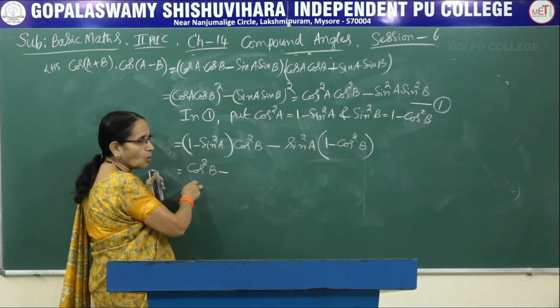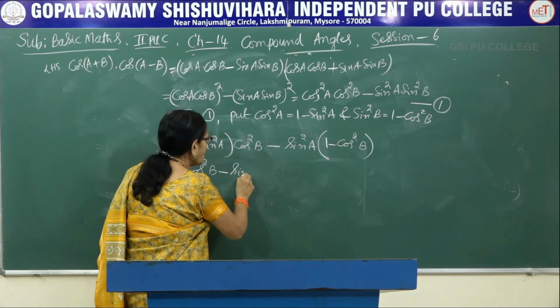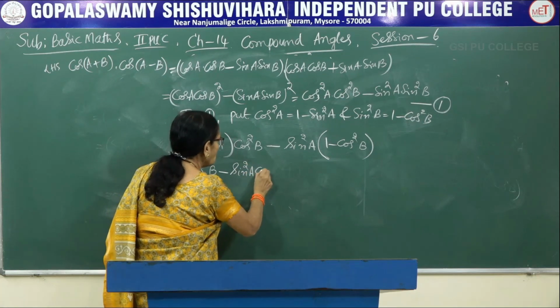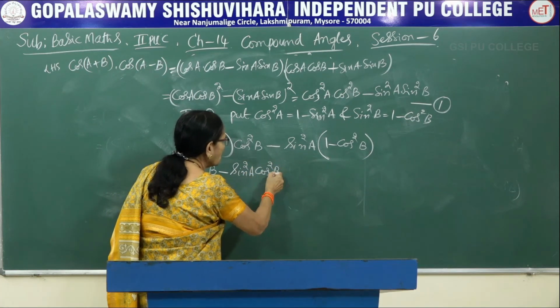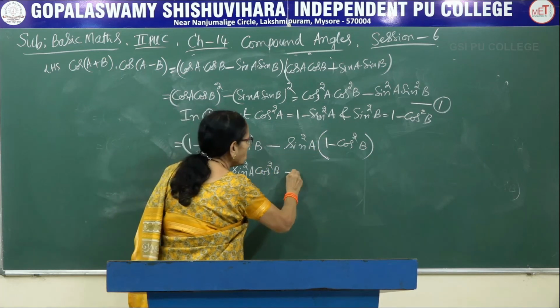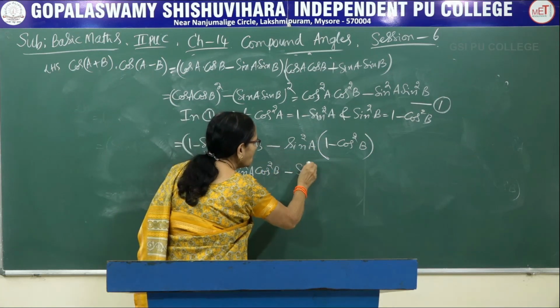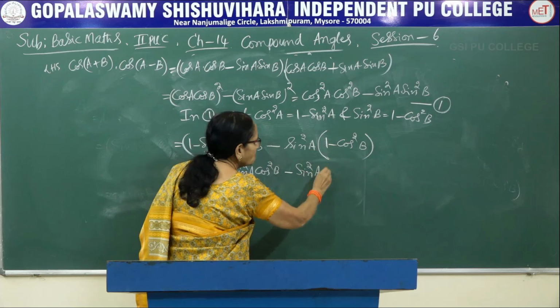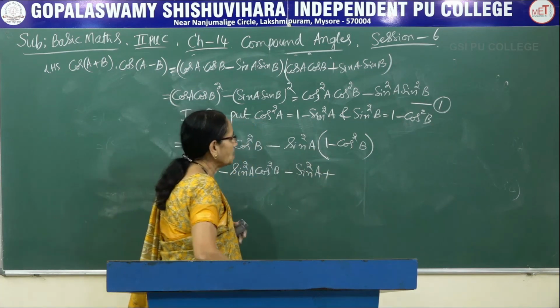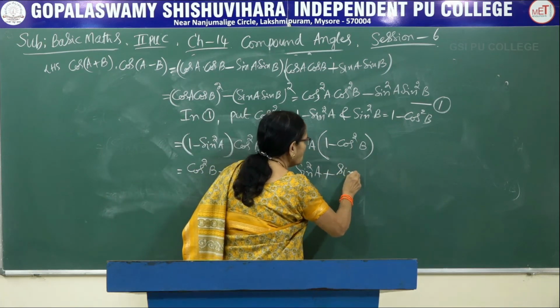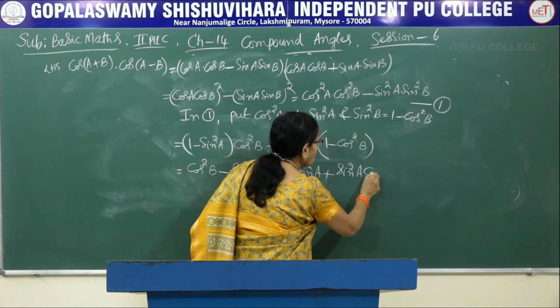Cos square B into 1 minus sin square A into cos square B. Then minus sin square A into 1 is minus sin square A, minus of minus plus, this is sin square A into cos square B.